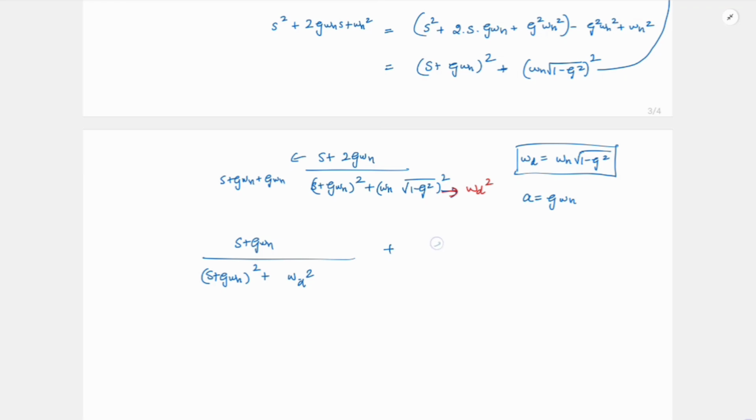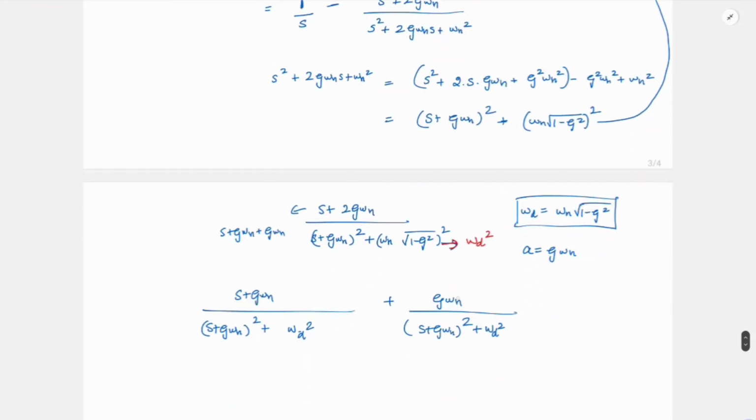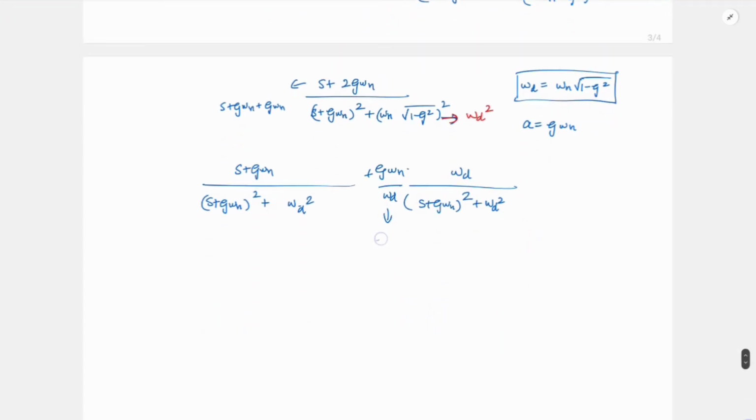Similarly, I'll have another zeta omega n divided by s plus zeta omega n whole square plus omega d square. For sine, I need omega d at the top, but I have zeta omega n. So I will multiply and divide by omega d, and what remains is zeta by root of 1 minus zeta square. Now this is of my sine form, and this is of my cos form.